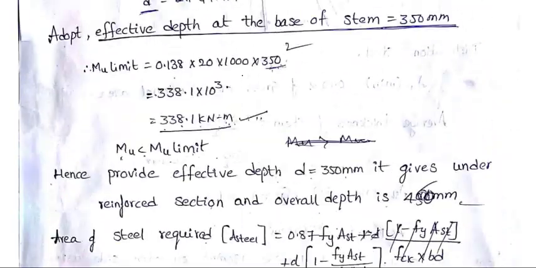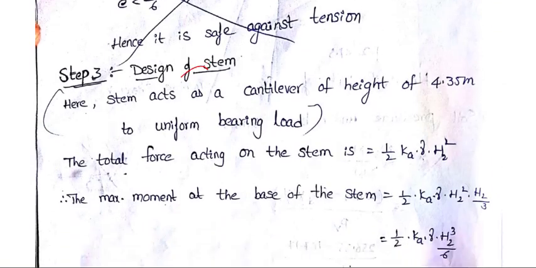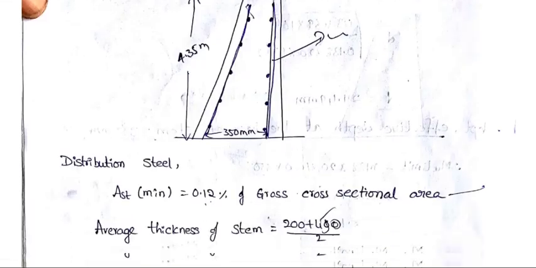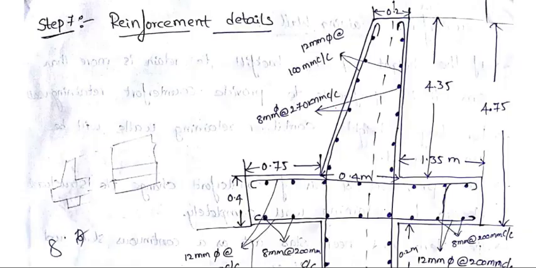Here you can see design of stem. That value will be for main reinforcement 12 mm dia bars at the rate of 100 mm center to center. For distribution reinforcement, 8 mm dia bars at the rate of 270 mm center to center.